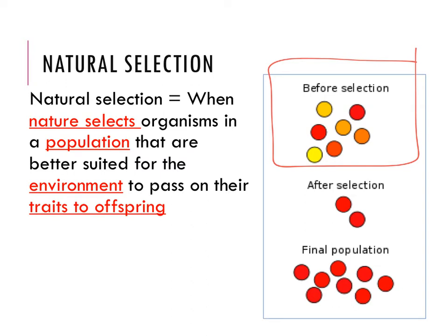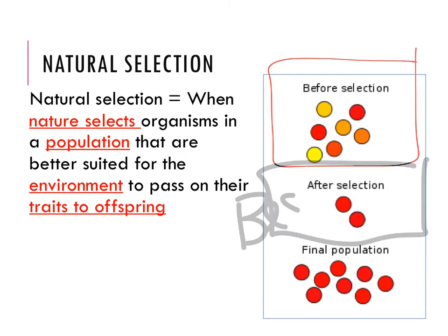After natural selection, you'll see that I only have the red dots. That means being red, that trait must have been the best for that environment. So what happened to the ones that didn't have the traits that were best in that environment? Well, they died off. So I'm going to mark X's through them.